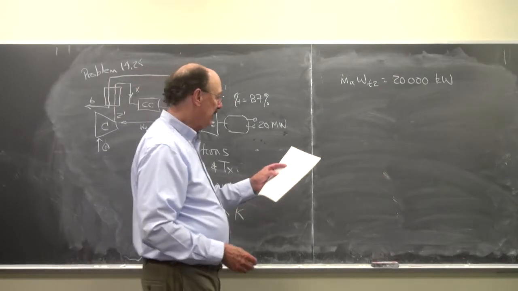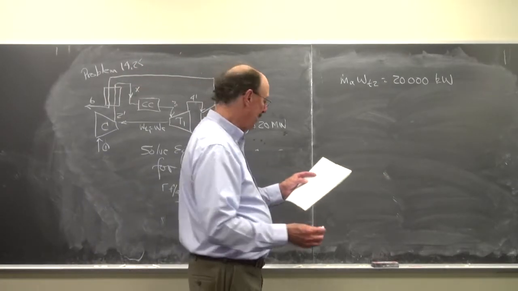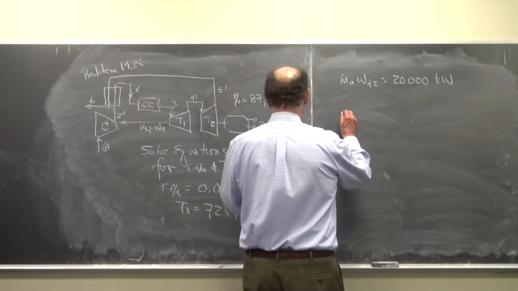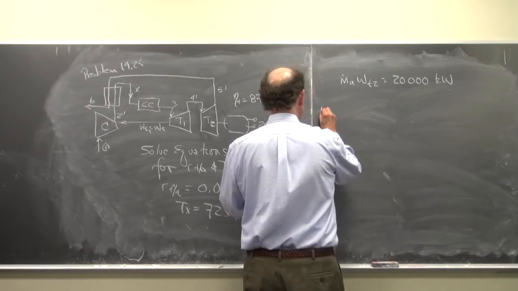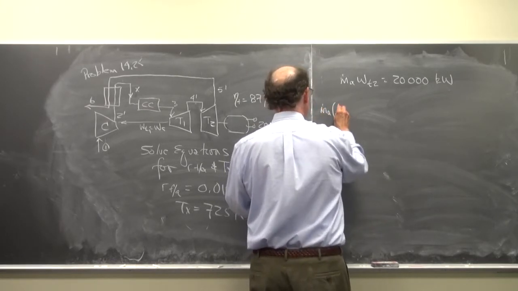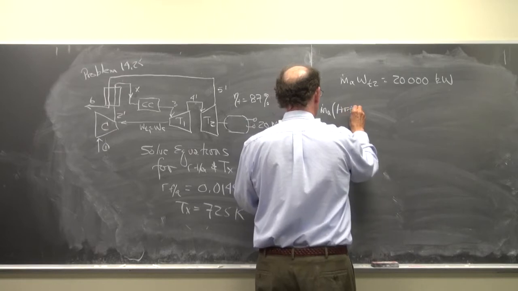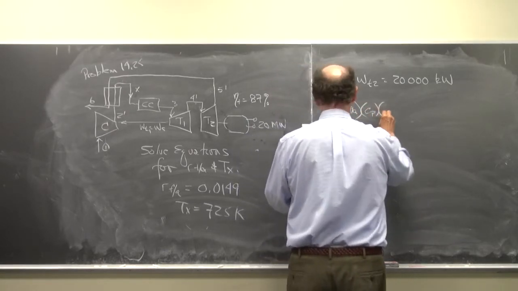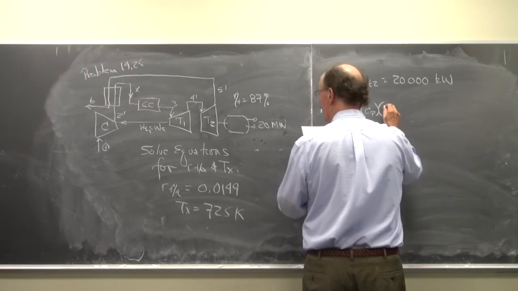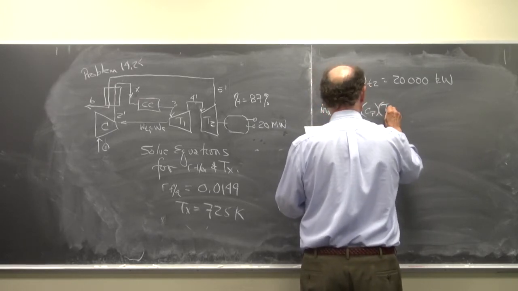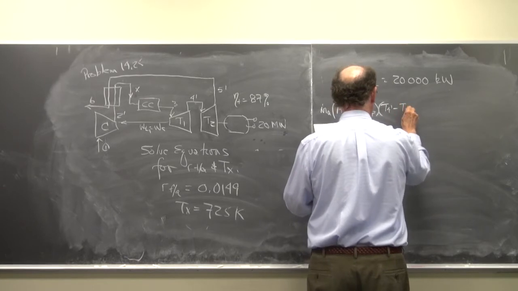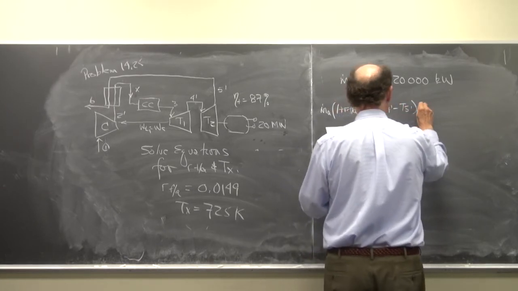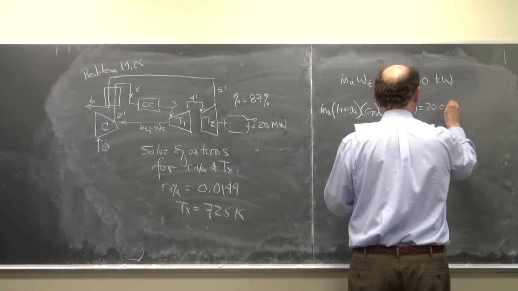And so now let's calculate and find the mass flow rate of the air. So we have that this is m dot A times (1 + RFA) times C sub P times (T4' minus T5'), and that's going to be equal to 20,000.